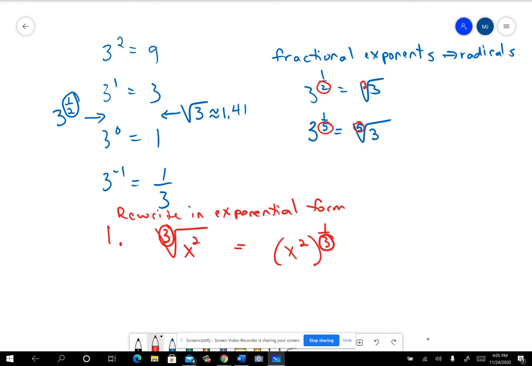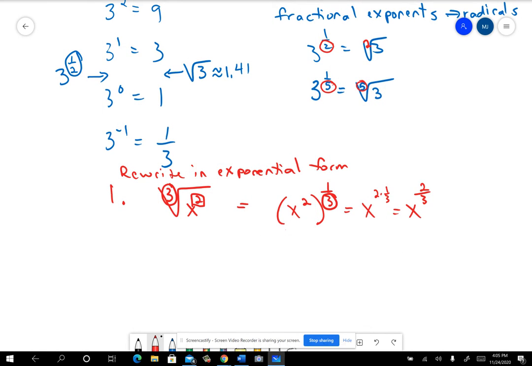This one had the power on x inside, underneath the radical. That 2 and that 1/3 are just exponents, and when you have a power raised to a power, remember the shortcut was that you could multiply those. So ultimately we get x to the 2/3. Really you can do it a little easier when you see it: it's x to the power over the root. That's all they wanted on number 1, so that would be the answer.